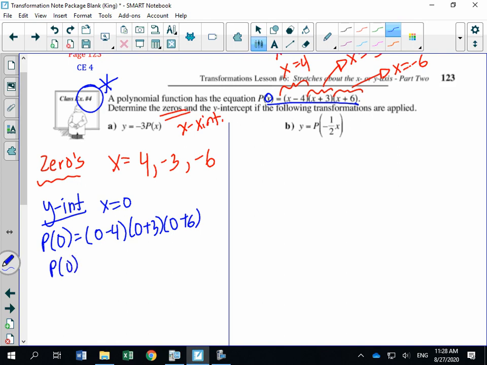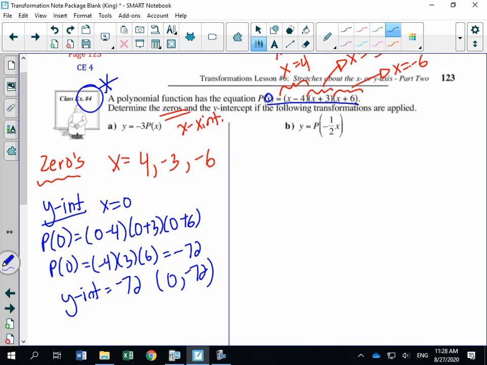P of 0 is negative 4 times 3 times 6. Negative 4 times 3 is negative 12, and negative 12 times 6 is negative 72. So the y-intercept is equal to negative 72, or we would say when x is 0, y is negative 72.